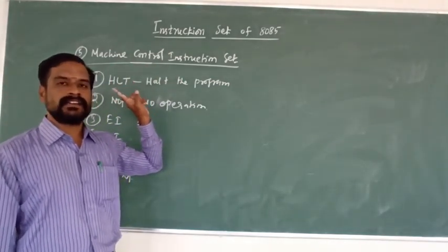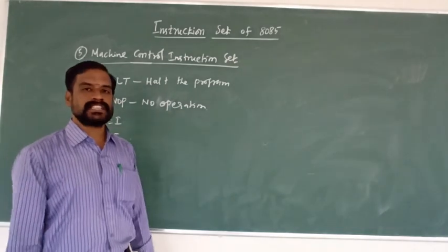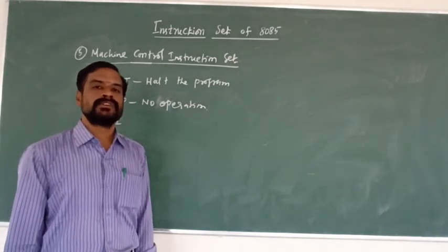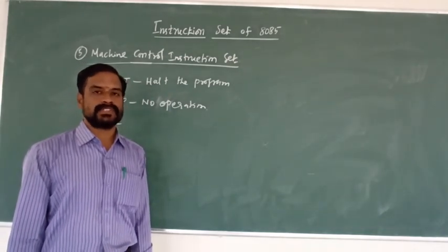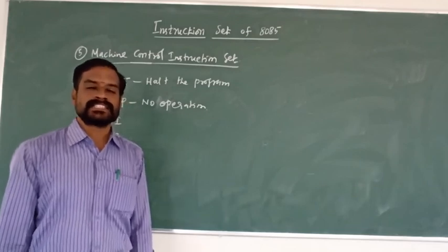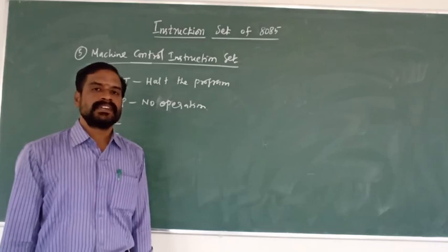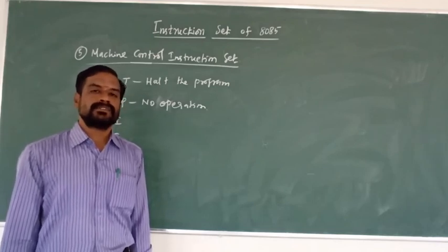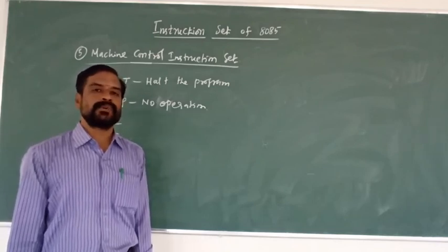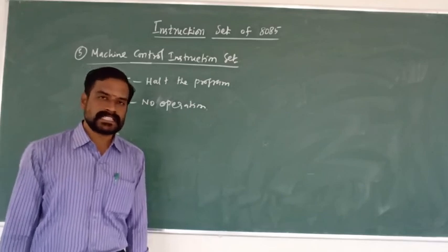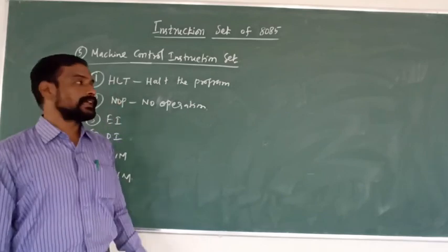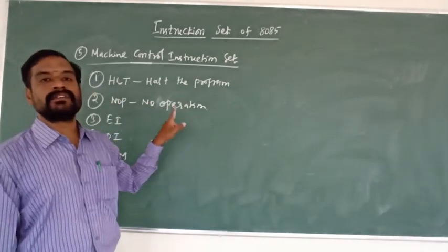There are 5 types of instruction set in the 8085 microprocessor. Total 80 instructions and 246 opcodes. Now the 246 opcodes and 80 instructions are based on any one of the 5 types.